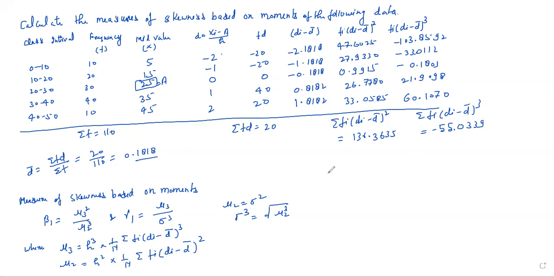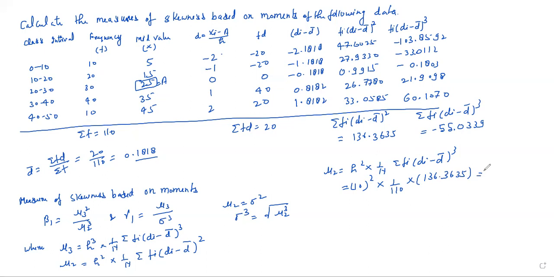So first calculate mu 2. Mu 2 is equal to h square into 1 upon n summation fi (di minus d bar) square. So this is 10 square into 1 upon 110 into 136.3635.